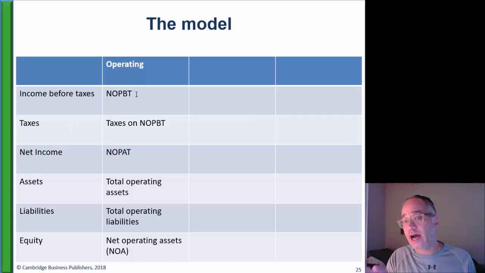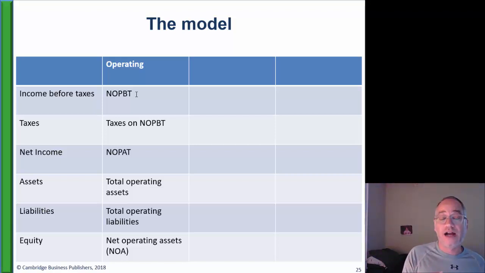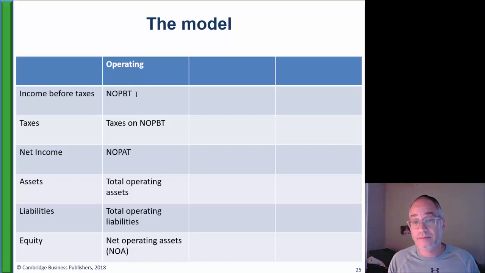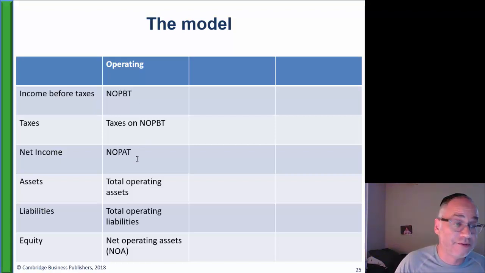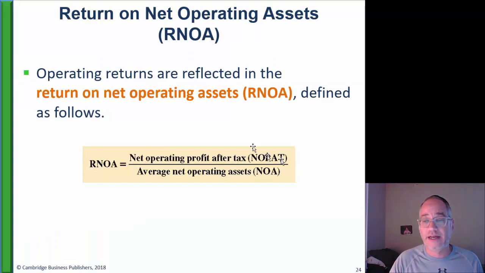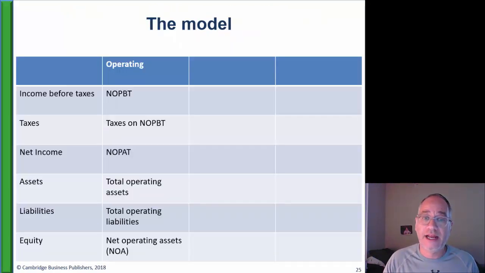That would include only the operating items. You would subtract the taxes on those operating items. You have to break down taxes because some taxes may apply to non-operating items. And then you would get a figure called NOPAT, net operating profit after taxes. And that's in your numerator right here, NOPAT, net operating profit after taxes. And that's only the operating part of the income statement.